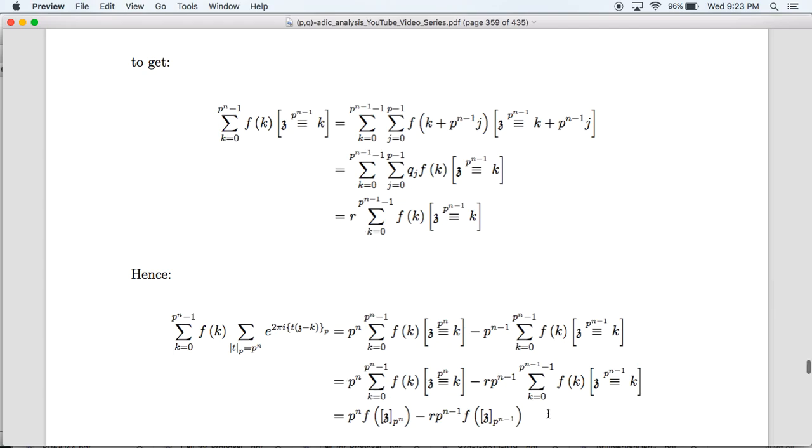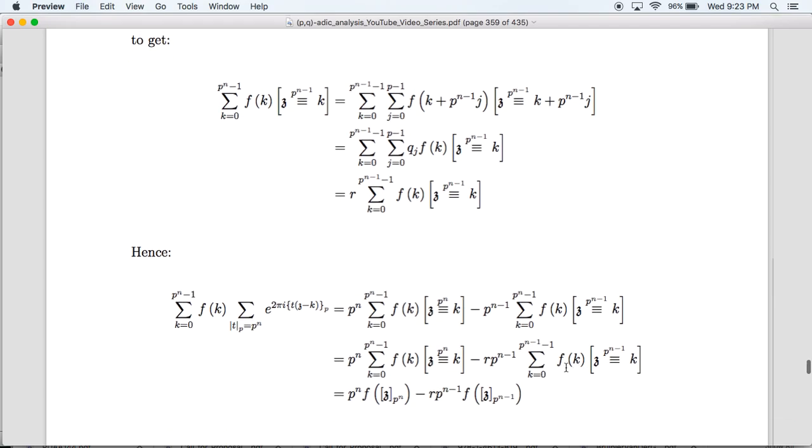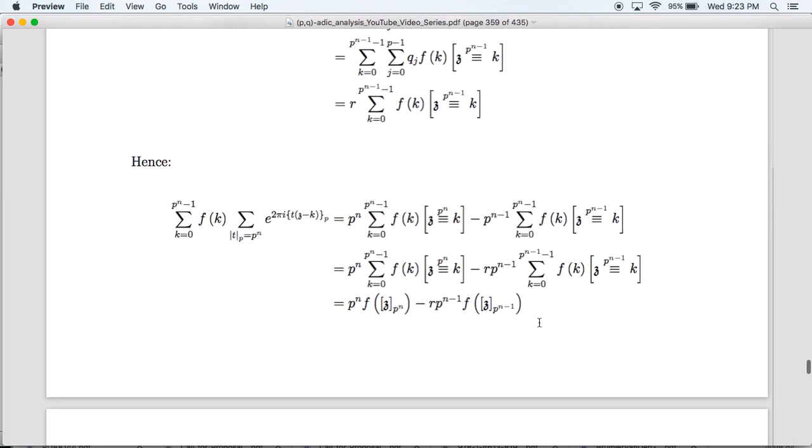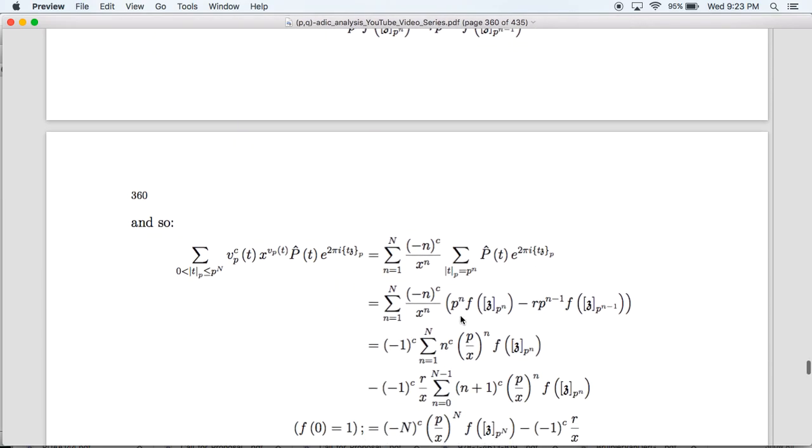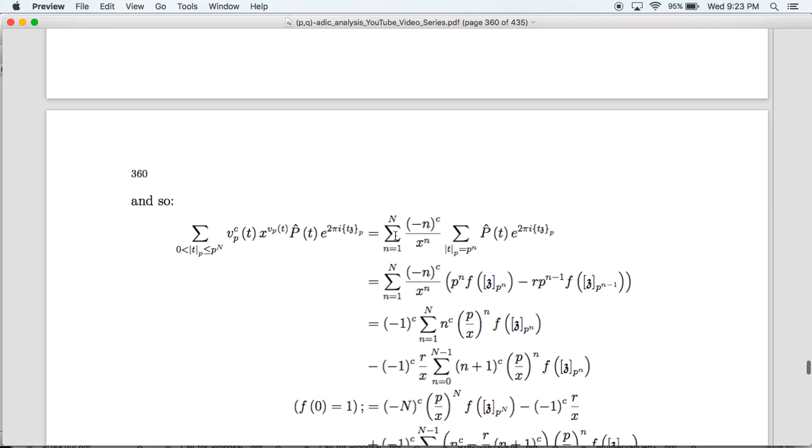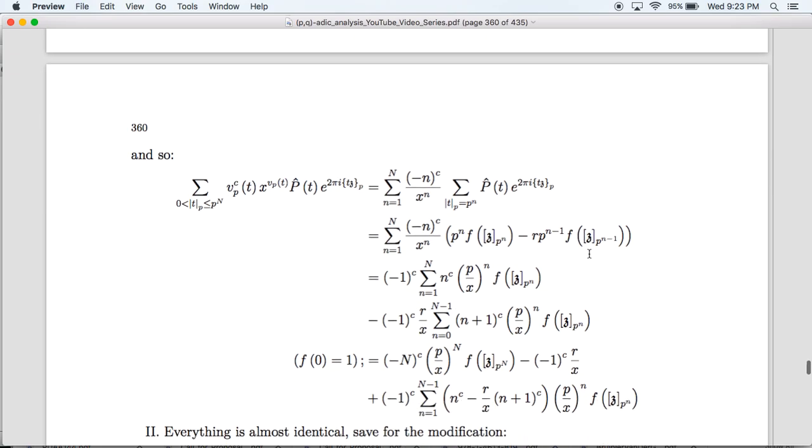We plug this guy in, and now this is both an n minus 1 and an n minus 1, and so we have this. And so this right here, if you look, this is our sum. We're about to apply our reduction, and this is what we got after doing the Ramanujan sum. So now we're just going to break things up and re-index.